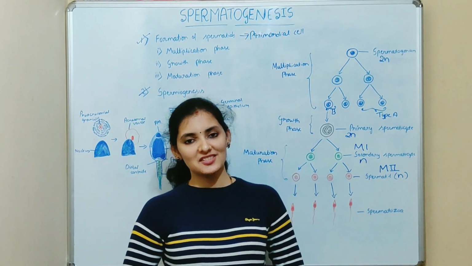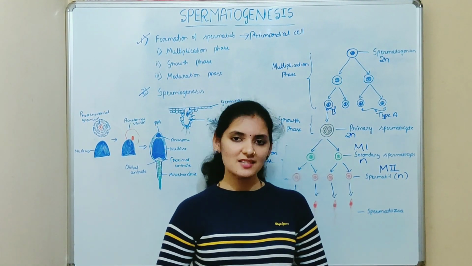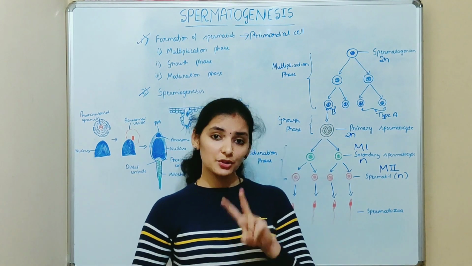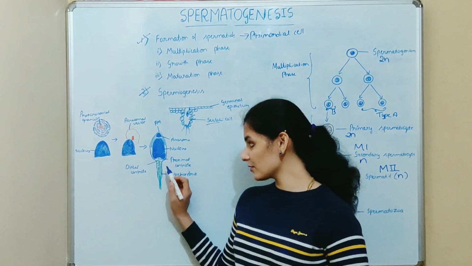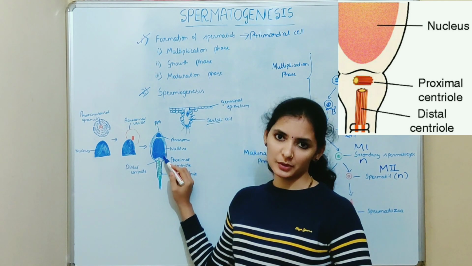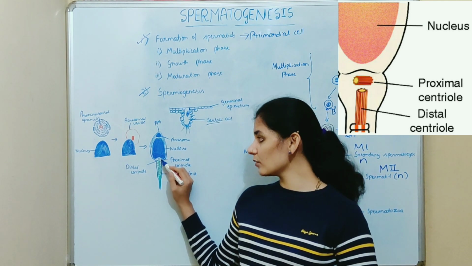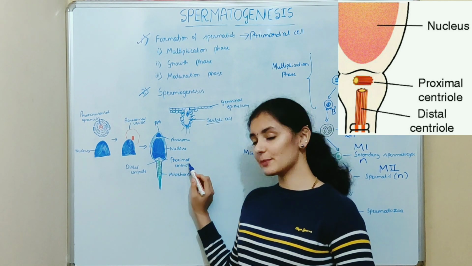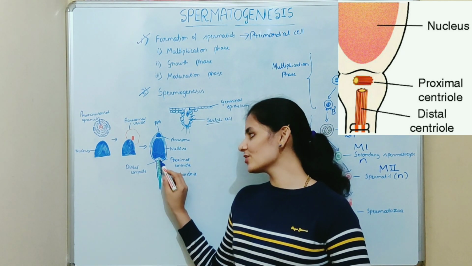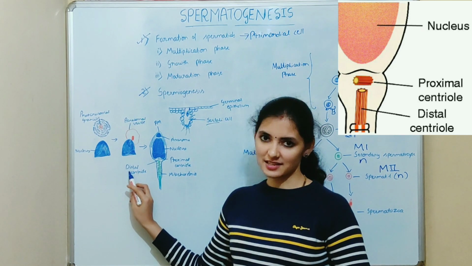One more major change that occurs during spermiogenesis is the change in the centriole. The two centrioles present in the spermatid occupy a position just below the sperm nucleus, one below the other. The anterior centriole is called the proximal centriole and the posterior centriole is called the distal centriole.